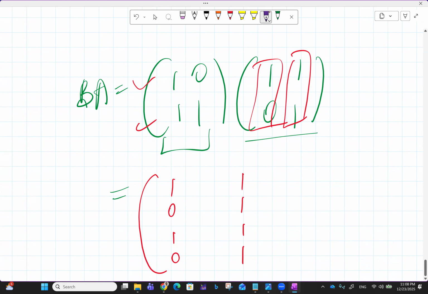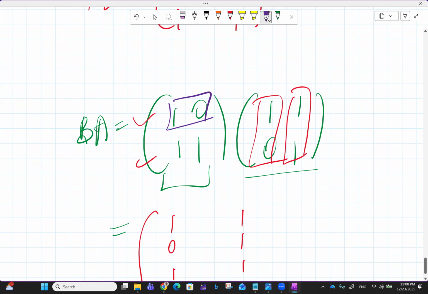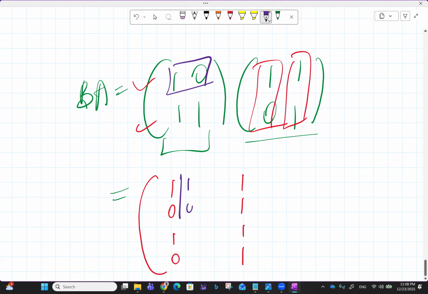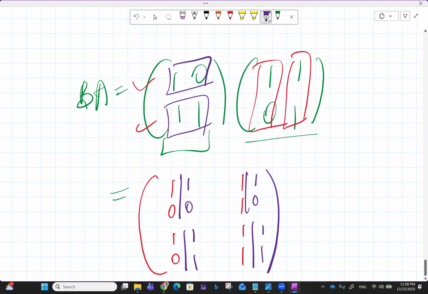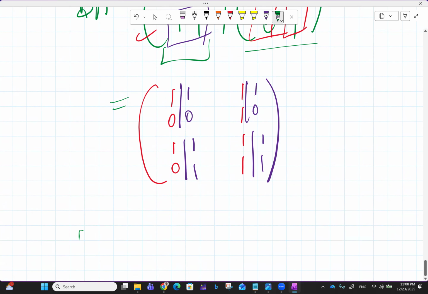Then you invert this 1 0 on the first row, that's 1 0 1 0, and this 1 1 on the second row, that's 1 1 1 1. So then you have BA equal to 1 times 1, 0 times 0, that's 1 here. 1 times 1 plus 0, that's 1. 1 times 1, 1. 1 times 0, 0. 1 times 1, 1. There. So this is 2.